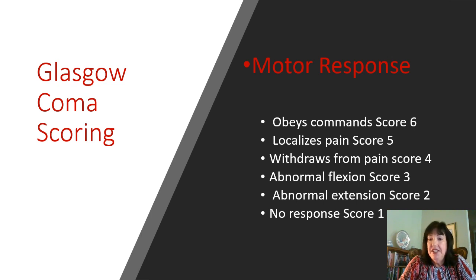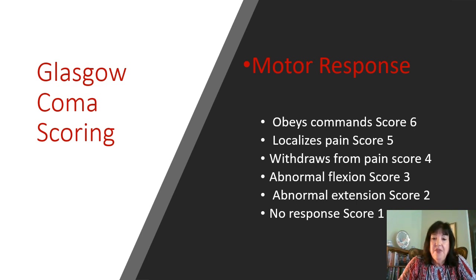Abnormal flexion is 3. Abnormal extension is 2. And when we look at this, I do want you to carry this thought over to the fact that your textbook is showing you pictures of decorticate posturing and decerebrate posturing. And they can fit into one or the other of these categories.